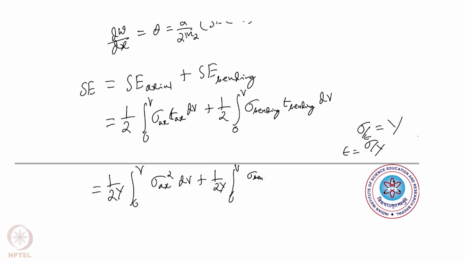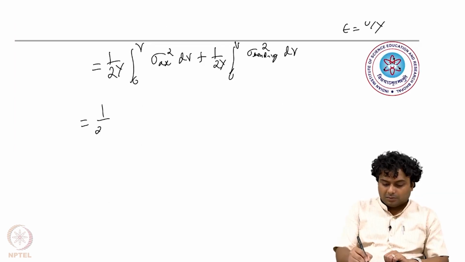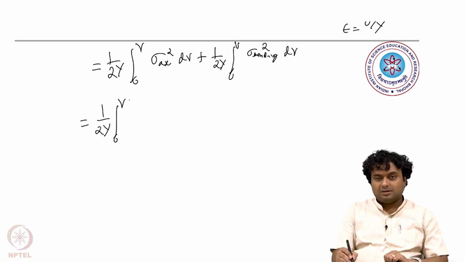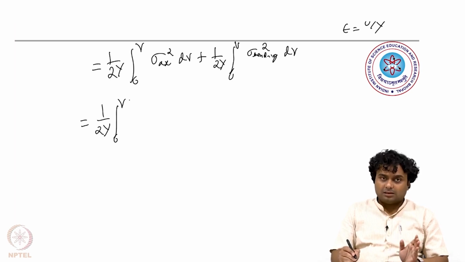sigma bending square dV. Now 1 by 2Y, 0 to V, this is sigma x. Sigma x means the stress in the axial direction, right? Now in the axial direction, what is the stress? It is the force in the x direction divided by its area.